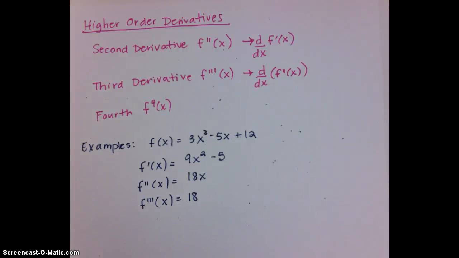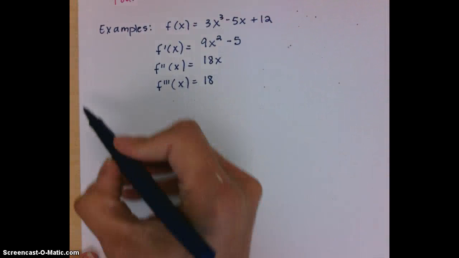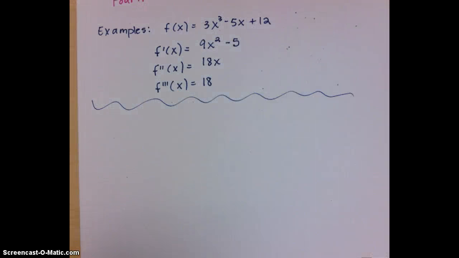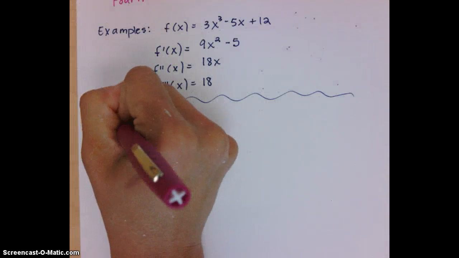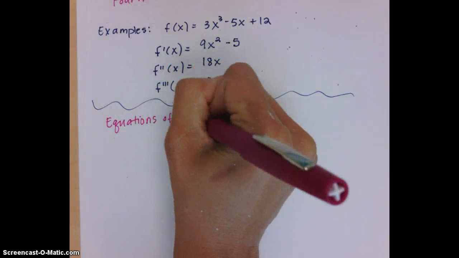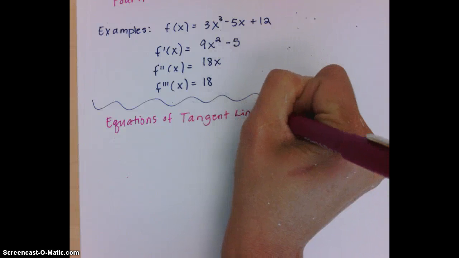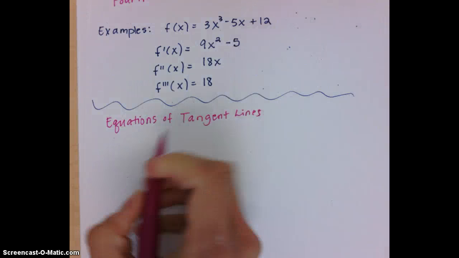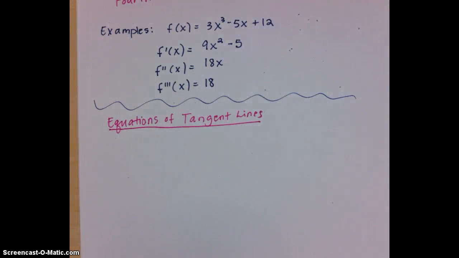Alright, a couple of things that we need to talk about from here. The next item on our list here, on my list anyway, is to be able to write the equation of a tangent line. So equations of tangent lines. Now, this has been a theme since we began our course.